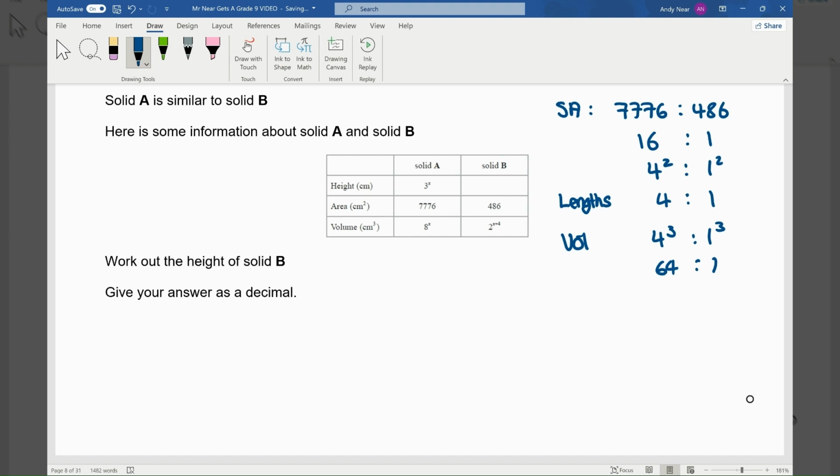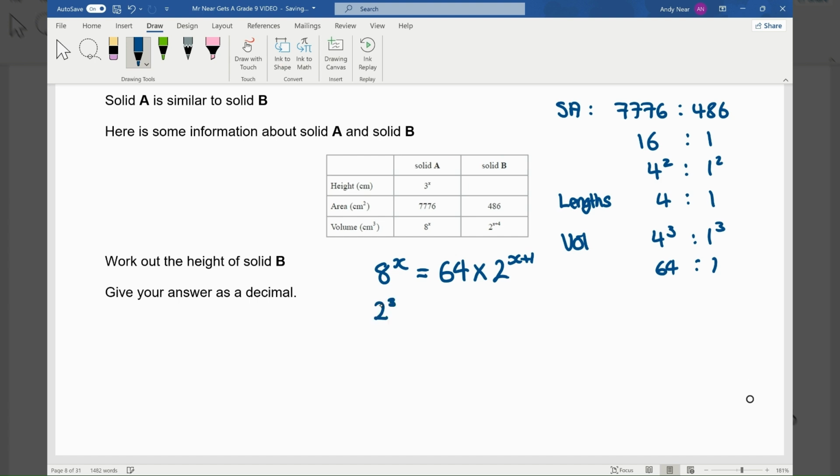And this is where we need to go next, because the volume of A is 8 to the power of x, and we know that that is now 64 times the volume of B, which is 2 times 2 to the power of x plus 1. Now, here I'm going to need to find out what x is. So in order to solve this equation, I'm looking at this and thinking 8, 64, and 2 are all powers of 2.